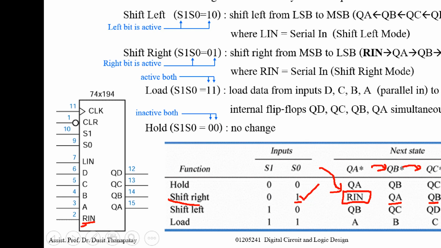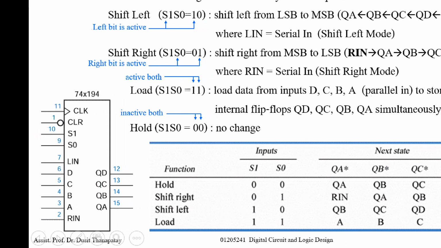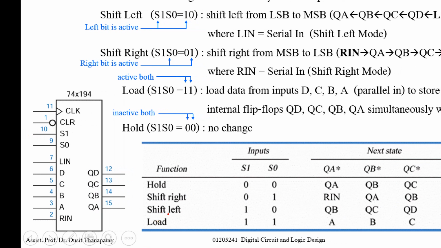So data will come in here. When you apply 1 here, 0 here: chip right. In goes to QA, QA goes to QB, QB goes to QC, QC goes to QD. And for shift left also, S1 is 1, S0 is 0. 1 here, 0 here.